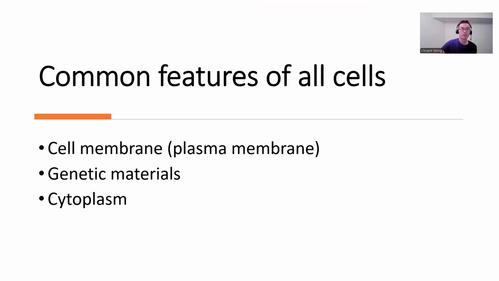All cells, regardless of type and size and source, have a cell membrane. So you can think of the cell membrane as the barrier, the boundary of a cell. Outside of the cell membrane would be what we call the extracellular environment, ECF, extracellular fluid.